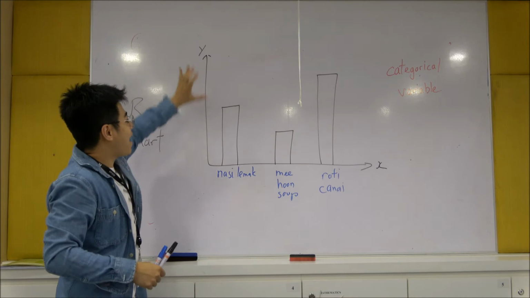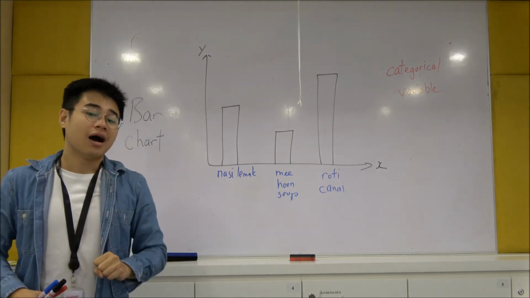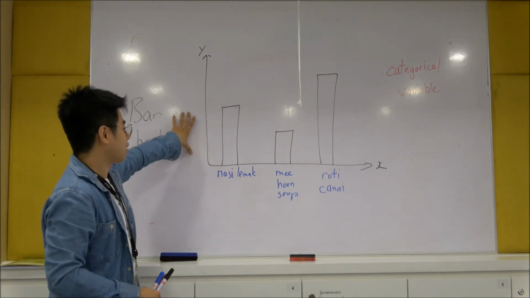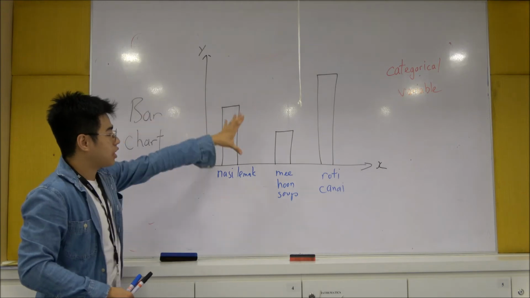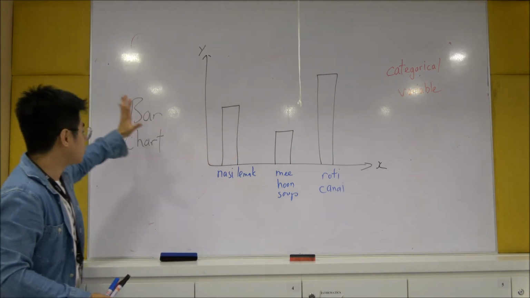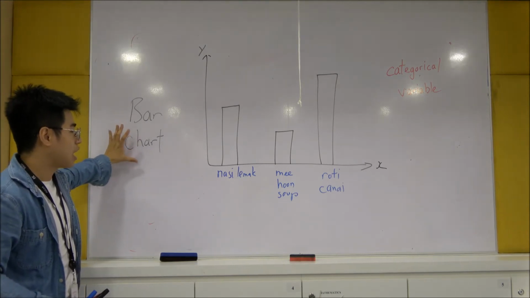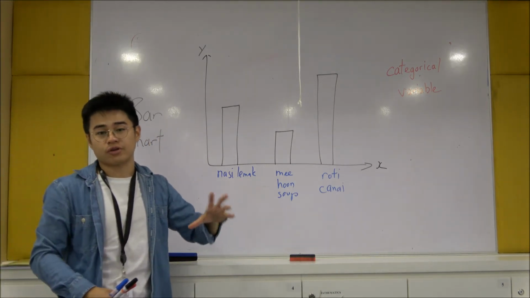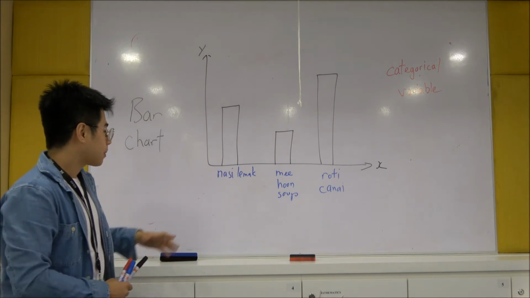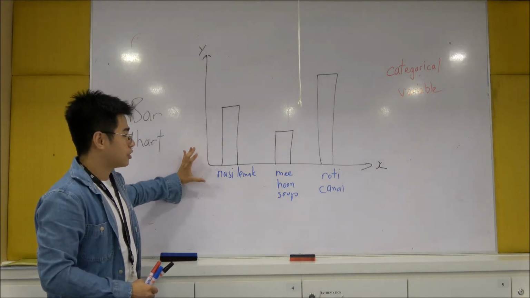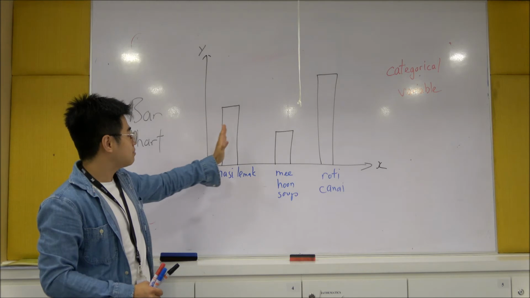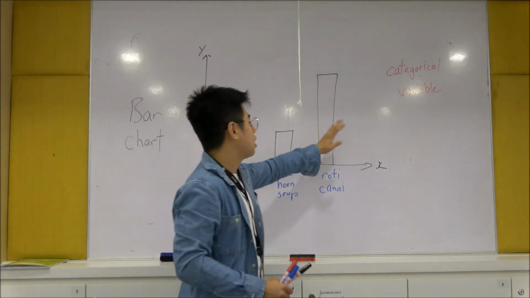Now the y-axis will be the numerical variable that we're going to look at. So when it comes to a categorical variable like this, that's when you use a bar chart. Otherwise, most of the time we will be using a line graph or frequency polygon.